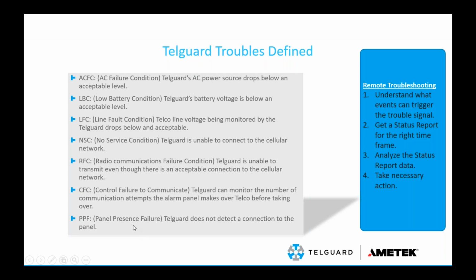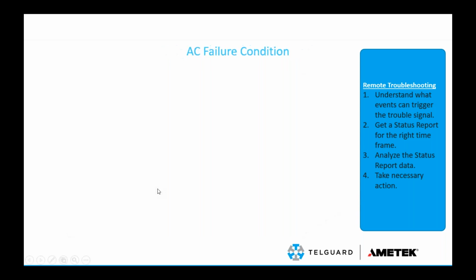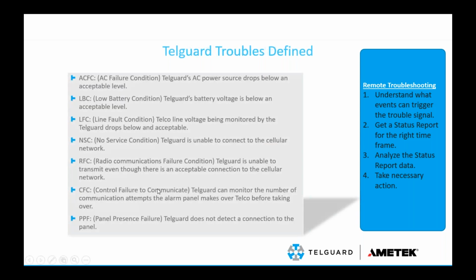Now, control failure to communicate, or it can also be referred to as communication failure. This is where the Telguard monitors the number of communication attempts the alarm panel makes over the telco or POTS line, or plain old telephone service, before taking over.